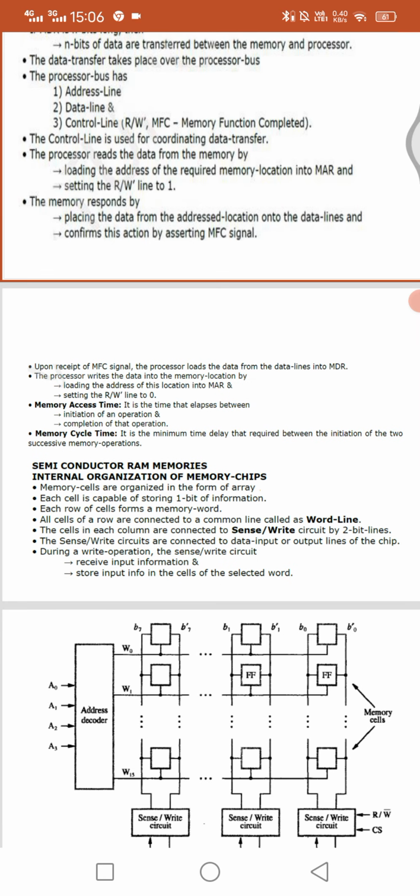Coming to the memory access time, it is the time that elapses between the initiation of an operation and the completion of that operation.